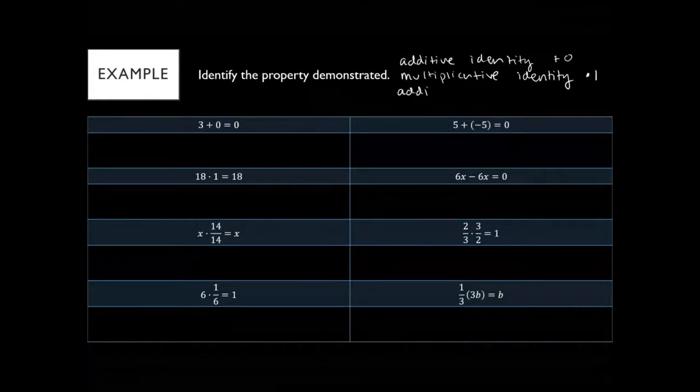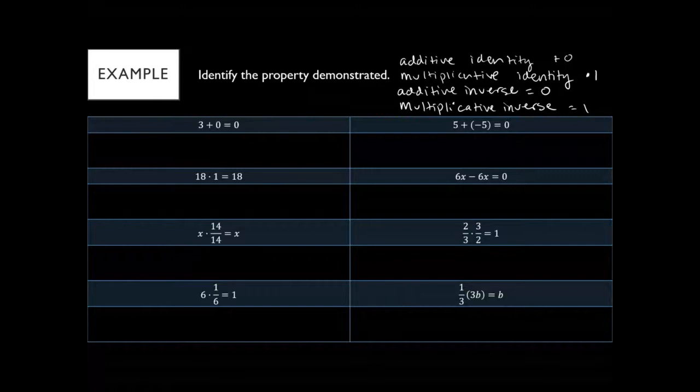And then you've got the additive inverse, where they add together to equal 0. And then the multiplicative inverse, where they multiply together to get you 1. So that is the difference between the 4 properties.